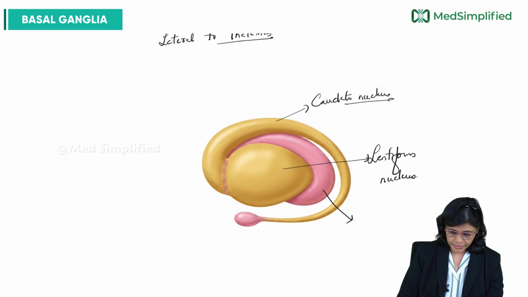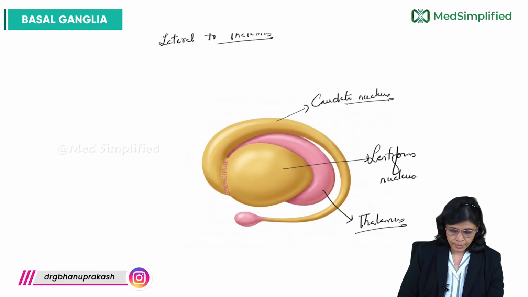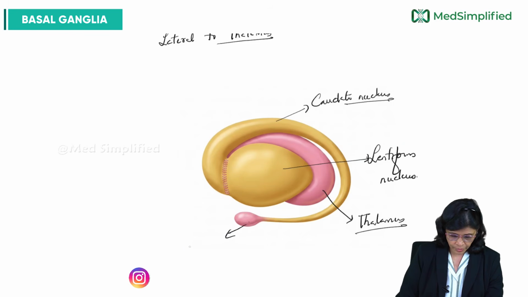This is the thalamus, with the corpus striatum lying lateral to it, and here we have the amygdaloid body.